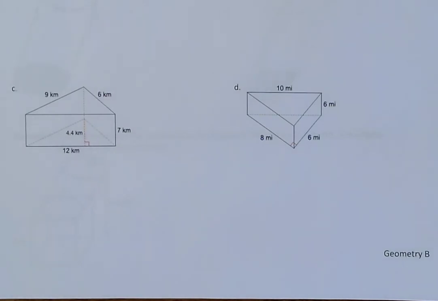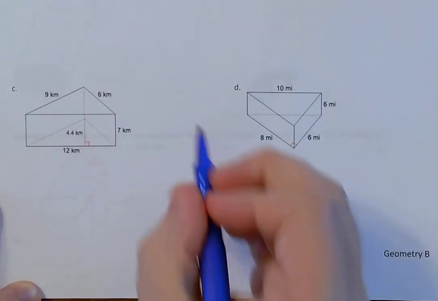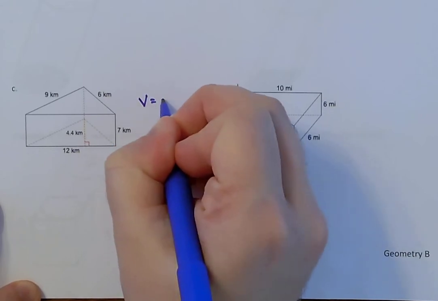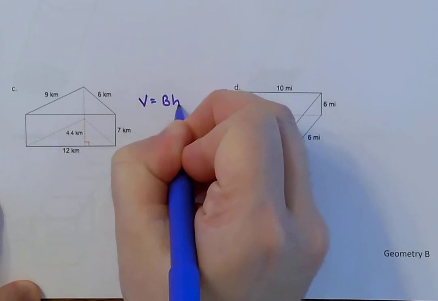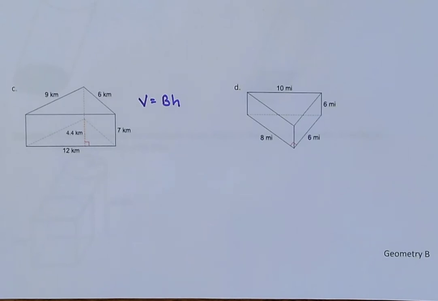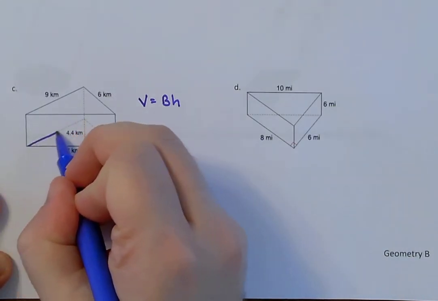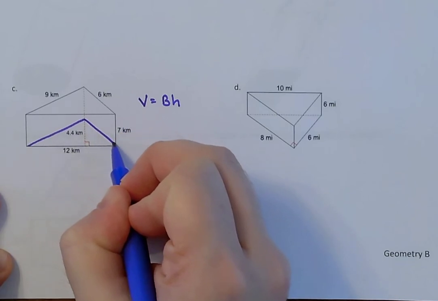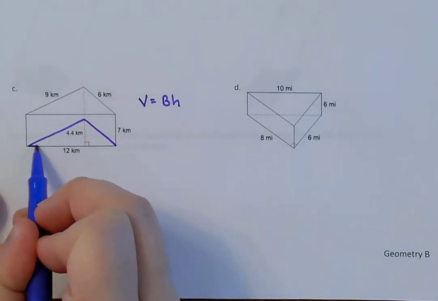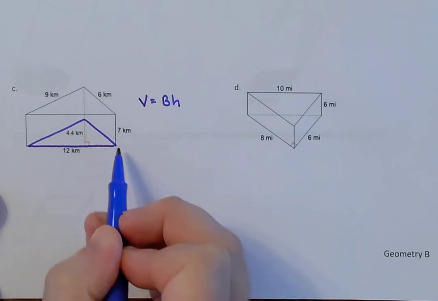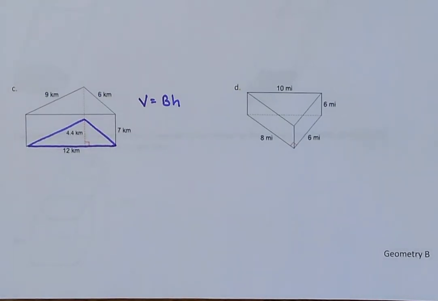So, with that said, if we look at C, to find the volume of this triangular prism, remember that the formula is V equals B times H. Now, B stands for the base area. So the base in this case is this triangle right here. So we have to figure out the area of this triangle, then we can multiply it by the height.